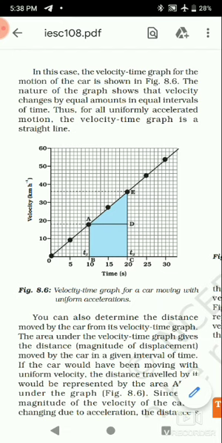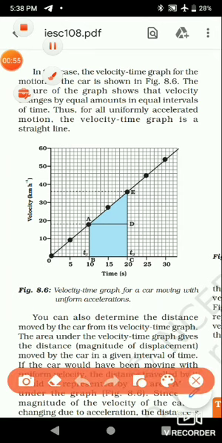Here the object starts from zero velocity, that means from rest. We can also take any point on the velocity axis, that is the y-axis, because we can take the data with an initial velocity having any value. So the graph can also be like this.